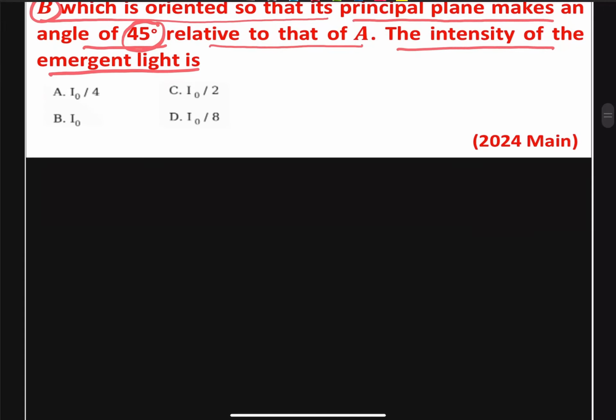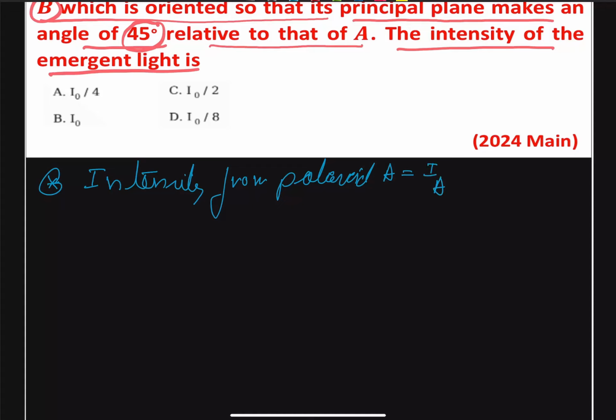So we can write that intensity from polaroid A, let us suppose that is given as IA, that will be equal to I0 unpolarized divided by 2, and the angle between A and B is 45.